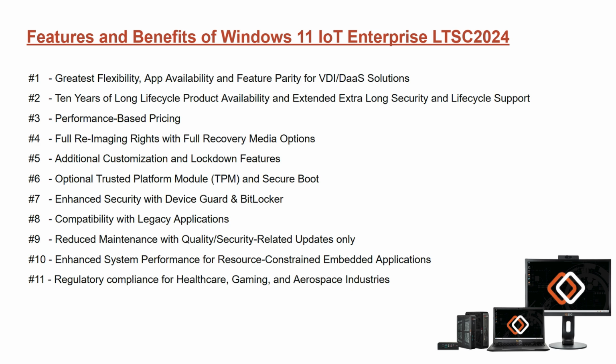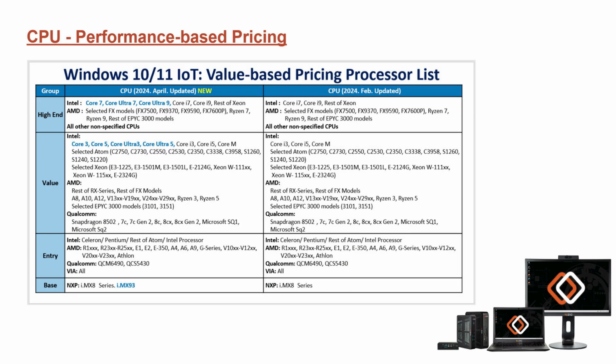Before we move on, let's just touch on a couple of points in the list, namely performance-based pricing and optional TPM implementation. Windows 11 IoT Enterprise LTSC 2024 offers Windows licensing prices based on the performance of the device's processor, allowing customers to obtain a full Windows OS license at a competitive price where available.